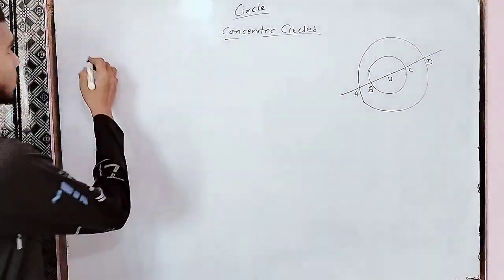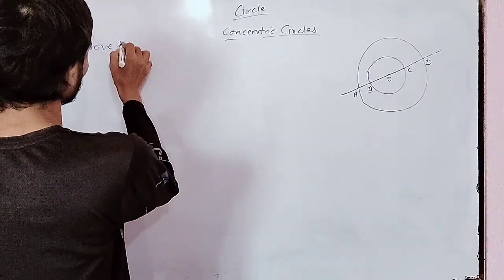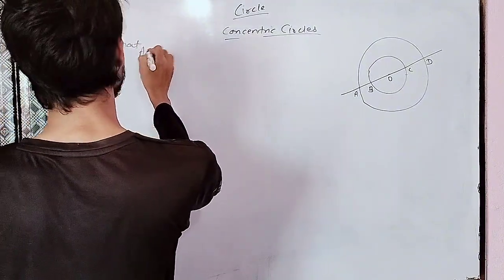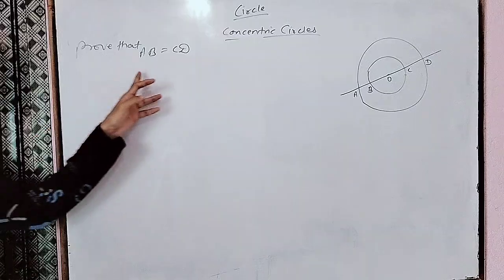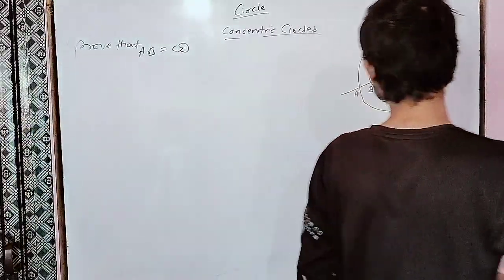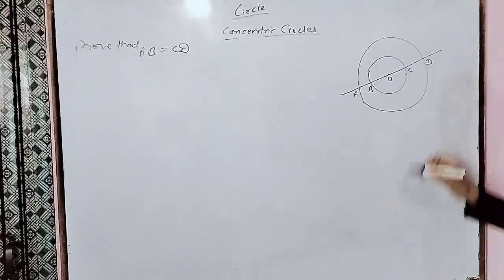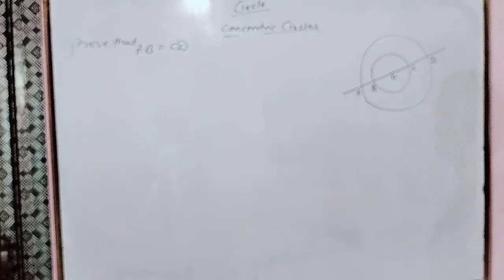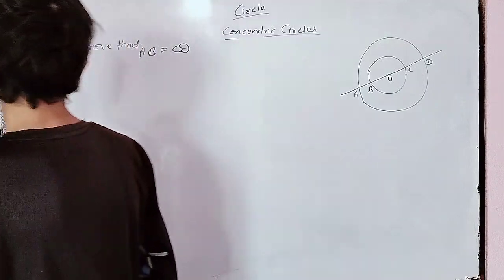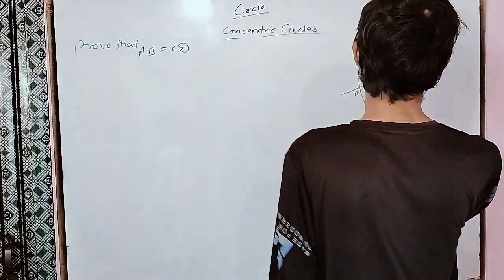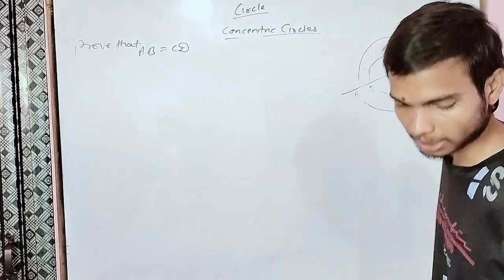So we have to prove that AB is equal to CD. This is what the question is saying, that the measure of AB from here to here is equal to CD from here to here. How can we prove it? But one point more: the line is not necessarily passing through the center.